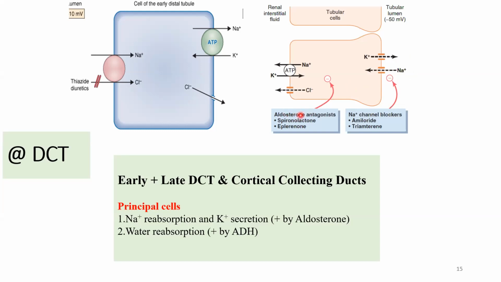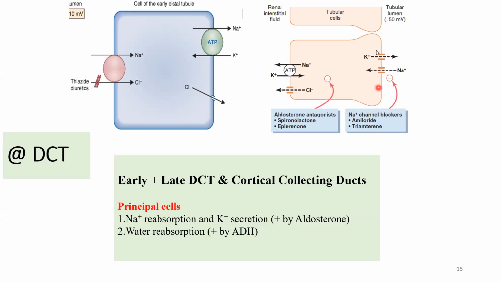They compete with aldosterone to bind to the receptor, and hence they don't let aldosterone do what it does, which is sodium reabsorption and the attendant water reabsorption. Again, that will have a diuretic effect. All these are diuretics. It's just the site of their action is different. Sodium channel blockers literally block the channel itself, while aldosterone antagonists compete with aldosterone so that it doesn't do its job. The result of both is the same.